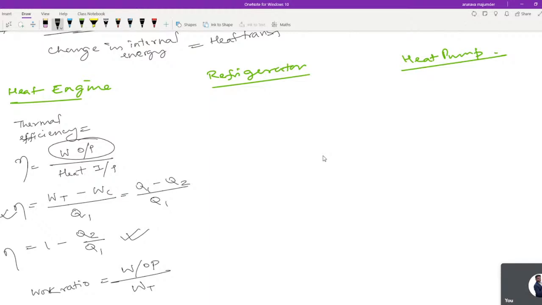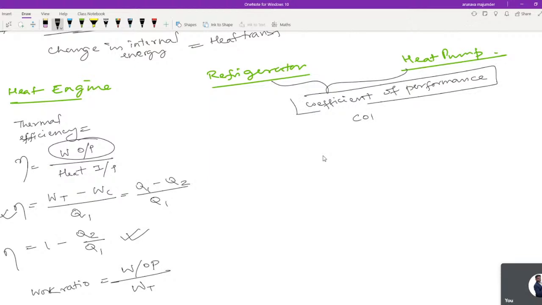Then we'll move to the refrigerator. For the refrigerator and heat pump, we use one common term, which is called the coefficient of performance. In short, we call it COP, right? The refrigerator and heat pump have a unique relation.